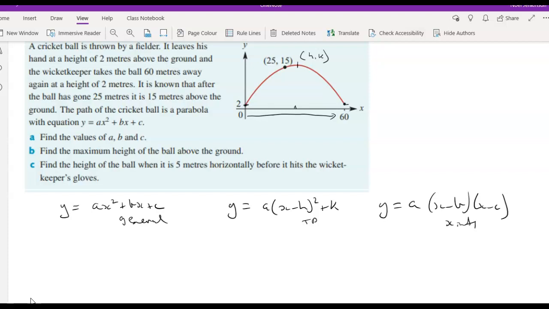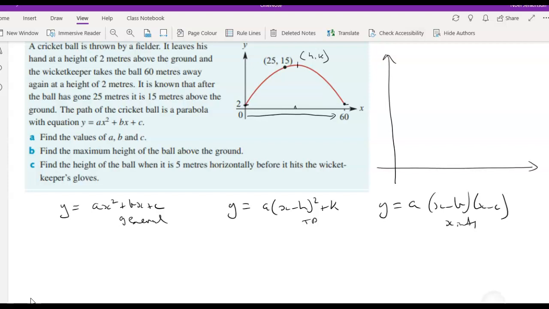Also, there are 3 coefficients in the general form, a, b and c, so we need 3 pieces of information. And if we look at our graph, we might have those. I'm going to redraw the graph here on the right. I'm going to draw it slightly different.